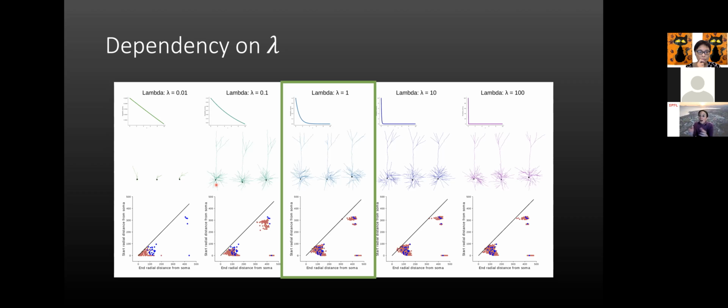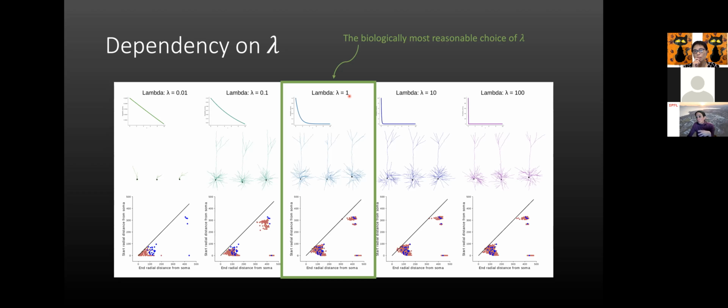And you want to see how much variance there is in the family, how close it is to looking like what you would expect. And it turns out that if lambda is too small, you end up with these puny things that don't look anything like neurons. This looks a bit better. And then it turns out that you get the best distribution, the one that looks most like biology, when the lambda that you take is close to 1, on the same scale as the step size. So lambda should be roughly on the same order as the step size. That's the biologically most reasonable choice of lambda.